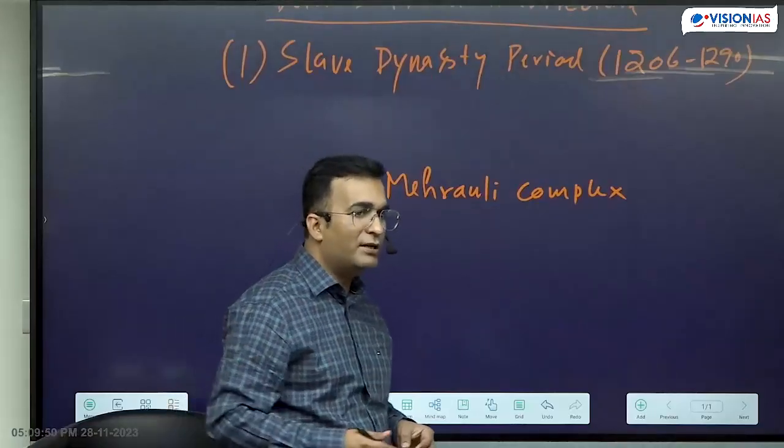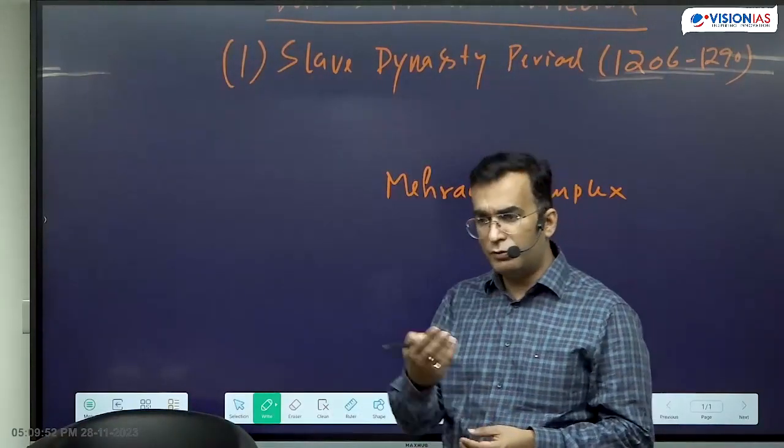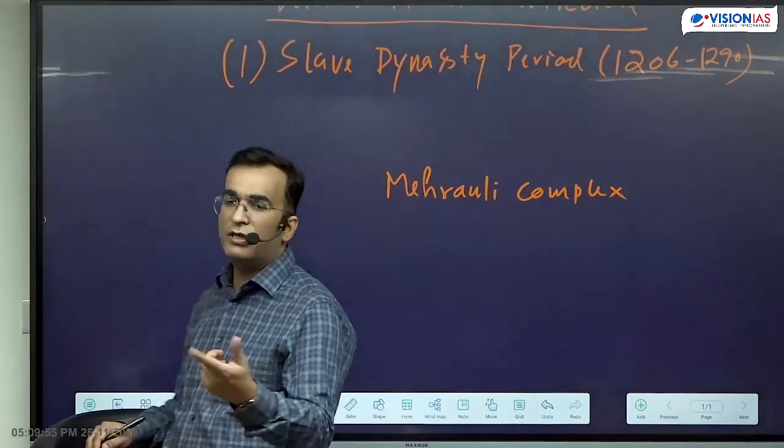Not all of them were created at the time of the slave dynasty; there was one created at the time of Alauddin Khilji, so we'll mention it in Alauddin Khilji's time.